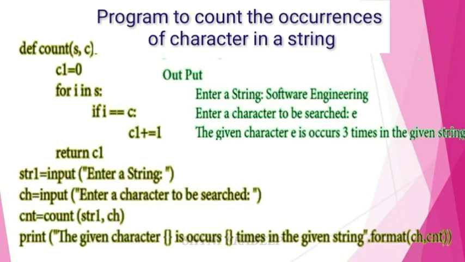Okay, so see here, def count, count is the function name and s, c are the parameters, and c1 is the variable, whose initial value is 0, and for I in s, a for loop is given. Next if condition, if I is equal to c, here c means your searched character. Okay, if the searched character c is equal to I, then you have to update the value c1 is equal to c1 plus 1. Okay, and return c1.